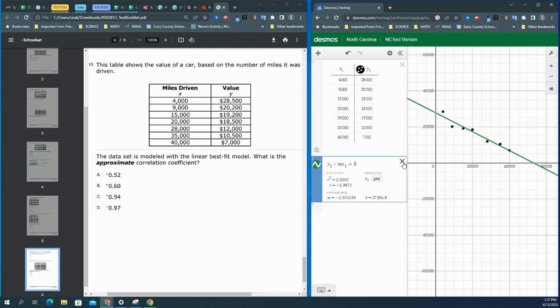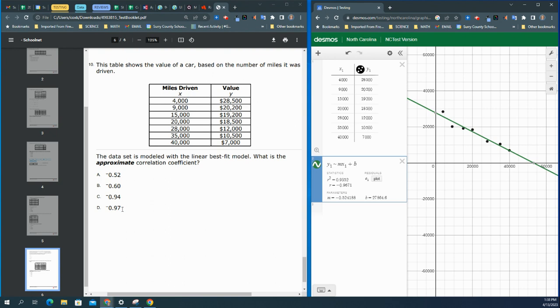However, I will say this. That number is negative because the dots go downhill, but this number is really close to the whole number 1. The closer to the line the dots are, the closer this correlation coefficient will be to the whole number 1. Now, it can be negative 1.